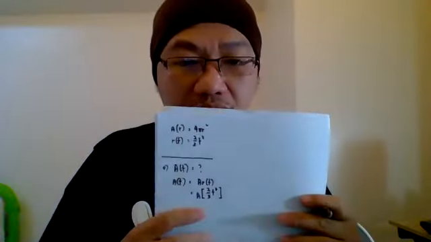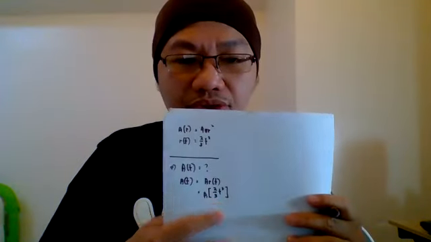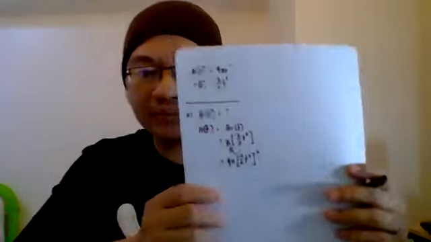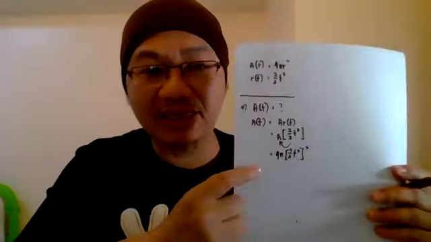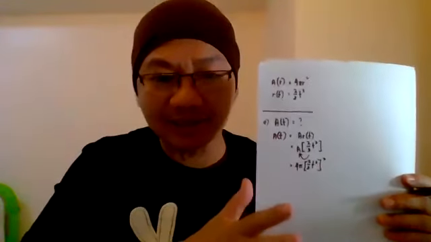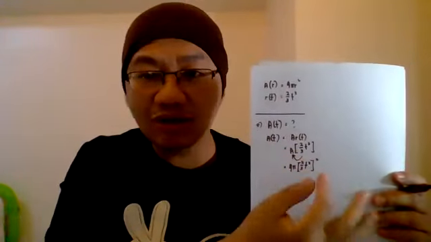So what we can do next is, okay, we insert the 2 over 3 t cubed into A. Now inside our A we got 4 pi r squared. That r squared we replace it with 2 over 3 t cubed squared like this. Okay, it's a bit complicated here, but actually sangat senang. It's just a normal composite.